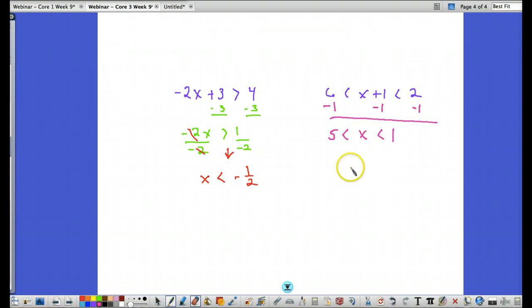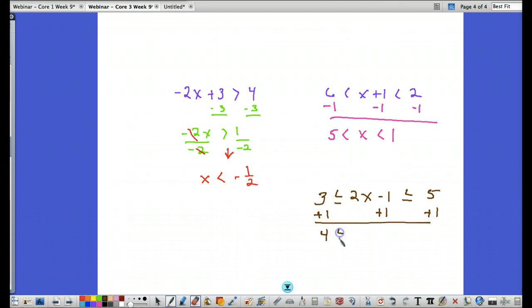Okay, so that's how these work. They might be a little more complicated, because you might get one like 3, then 2x minus 1, then some number like 5. You'd still have to get rid of the 1, so you'd add it to both sides, and then 3 plus 1 is 4. But in the middle you'd still have a 2x.